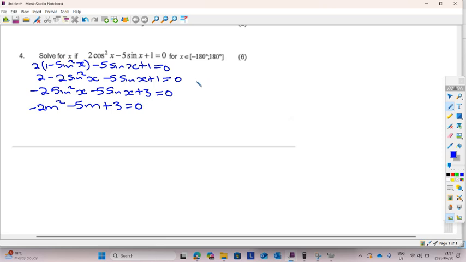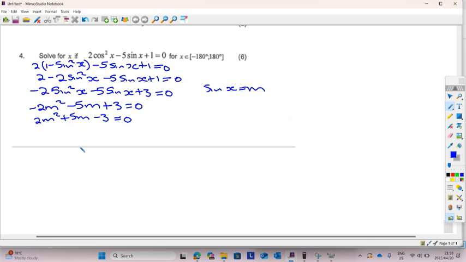In this case, I'm just saying sine x is equal to m, just to work with something clearer. Multiply through by negative 1, and there we have 2m squared plus 5m minus 3 equals 0.